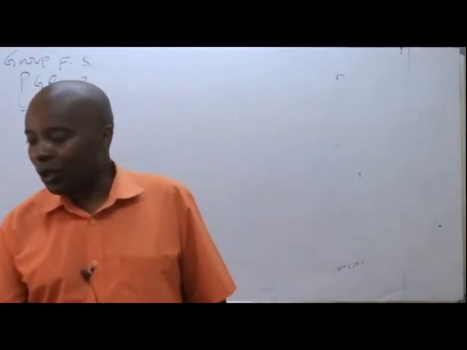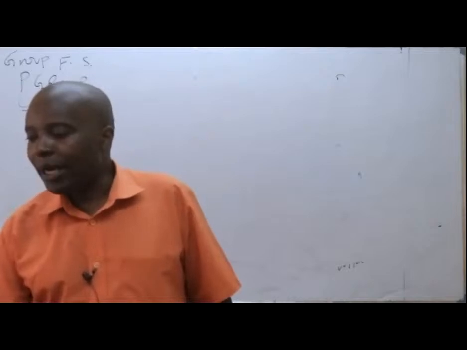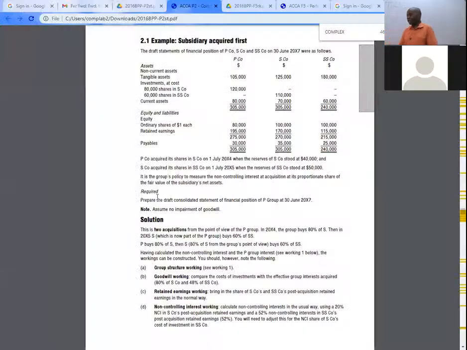So ladies and gentlemen, what I will do is simply to come and copy everything that I have here. So I start with assets. The first assets there are non-current assets. I'm simply copying the table the way it is given. So under non-current assets, what do I have there?